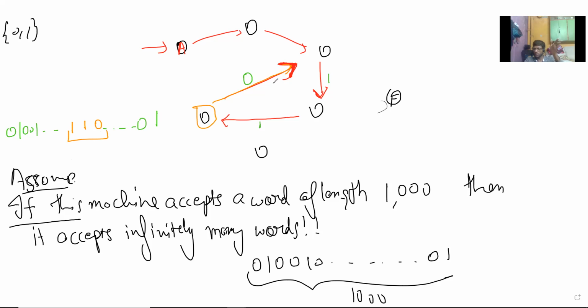Some other part was read earlier, but it was in this stage. It read 0, came to this stage. It read 1, came to this stage. It read 1 again, and came to this stage. Now for the rest of the word, it only matters that it is at this stage.